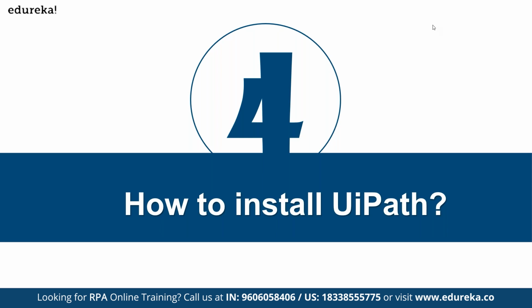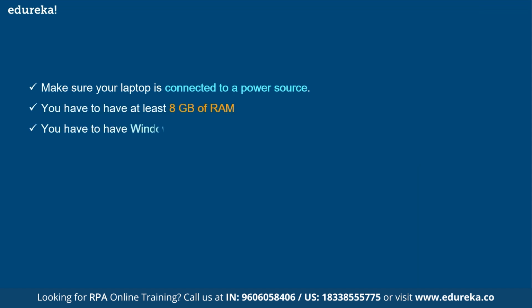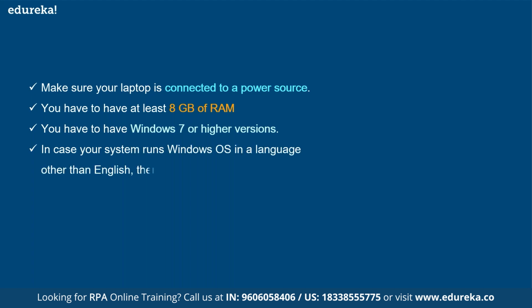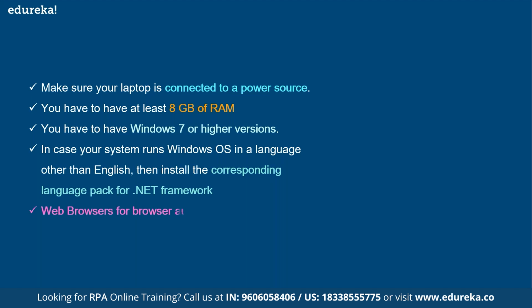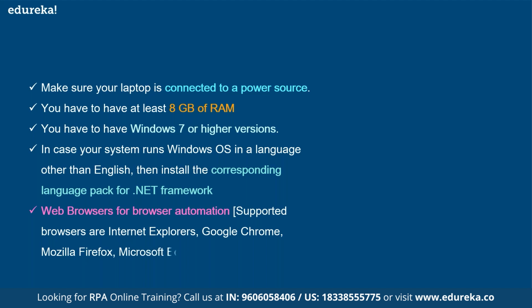We have a few easy installation steps. First of all, you have to register with UiPath and fill in your details there, and it will take you to the page where you can download UiPath. Before that, you have some prerequisites to install UiPath on your system. You should have 8 GB of RAM installed on your machine, and Windows 7 or higher.